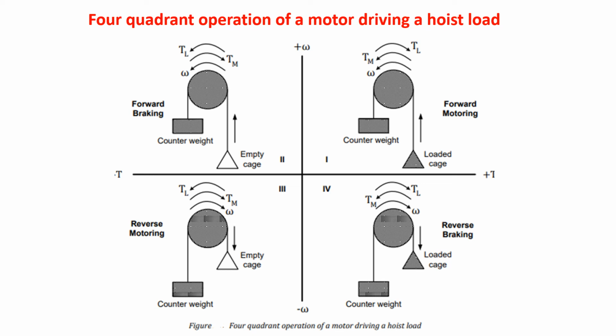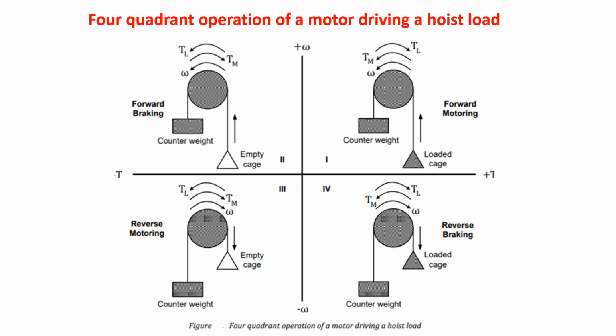The motor produces positive torque in anti-clockwise direction equal to the load torque. So here omega as well as torque are positive, your developed power is positive. So this quadrant operation is named as forward motoring.